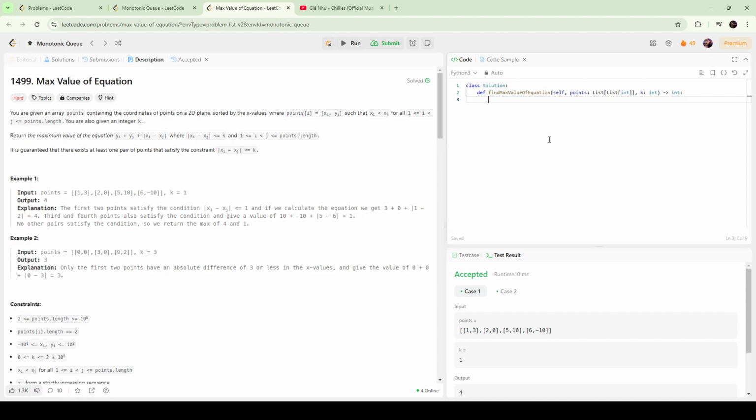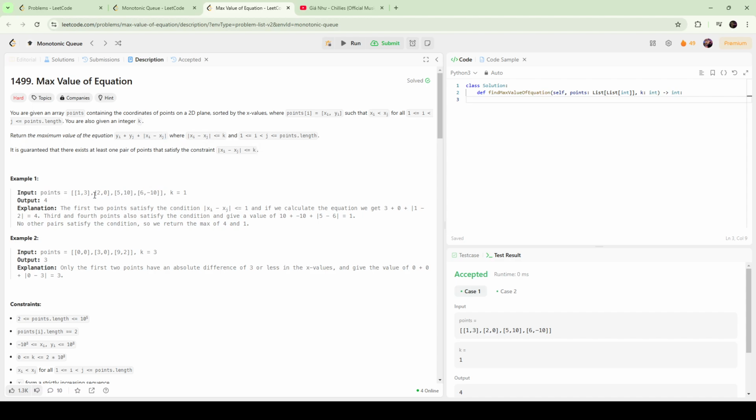First thing, since the x-axis is sorted, we have to make sure that we use the fact that the x-axis is sorted. What does that mean? We will consider every point to be the ending point of the equation.